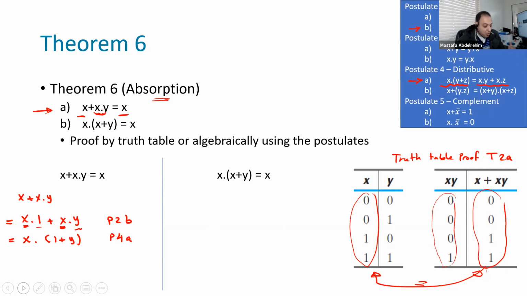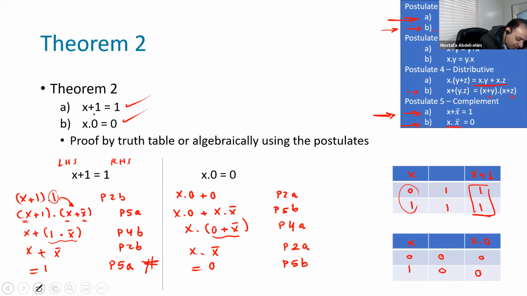And now 1 or y. If you remember, in theorem 2, let's review it. In theorem 2, x or 1 is equal to 1. Anything ORed with 1 will give you 1. So we're going to use this theorem now. And again, as I said, theorems can lead to other theorems.